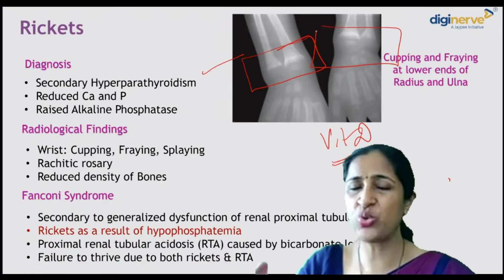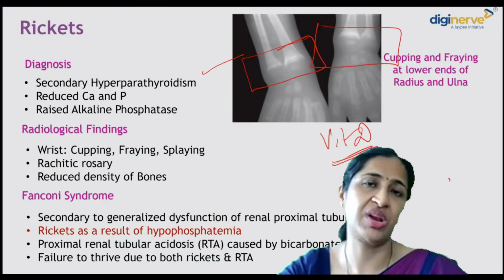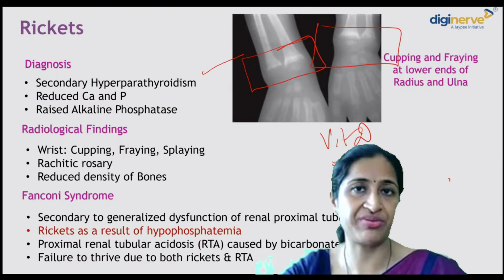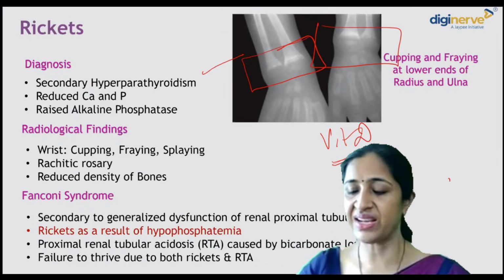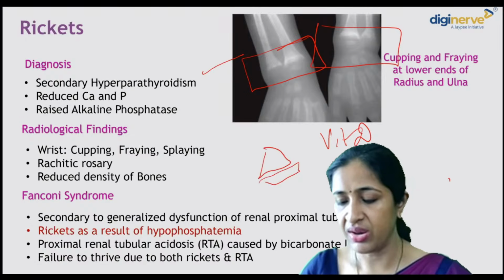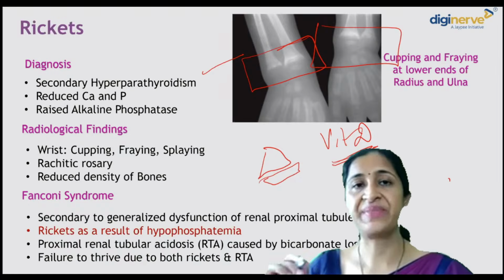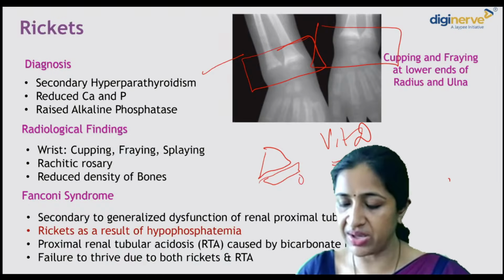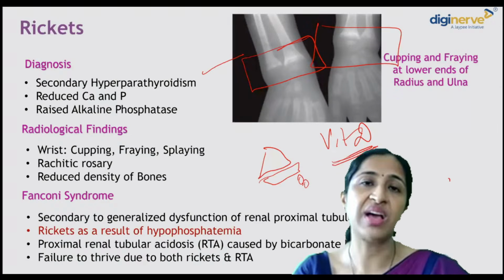Wrist x-ray shows the typical findings. There are only 2 wrist x-rays which will come for you all. One x-ray shows this cupping, fraying and splaying at the metaphysis because of rickets. Another one where the metaphysis looks totally normal. They'll tell you that the child is 7 years old and you will find only maybe 2 or 3 carpal bones.